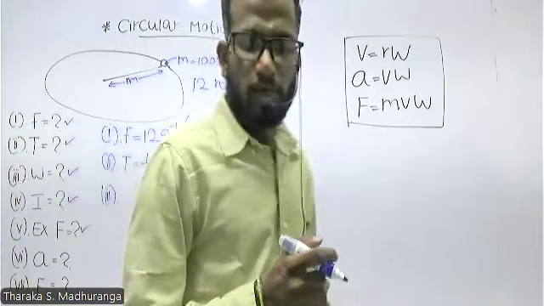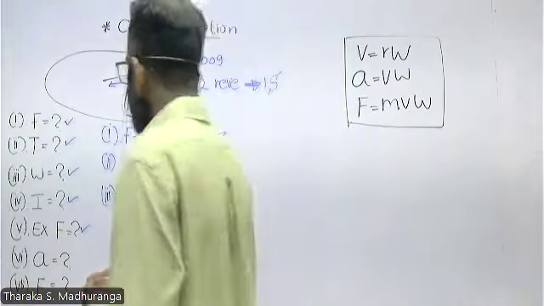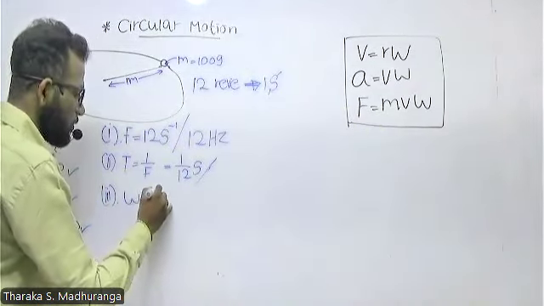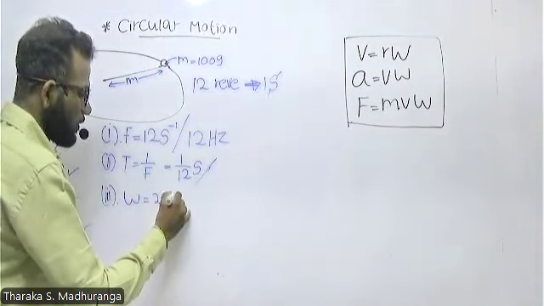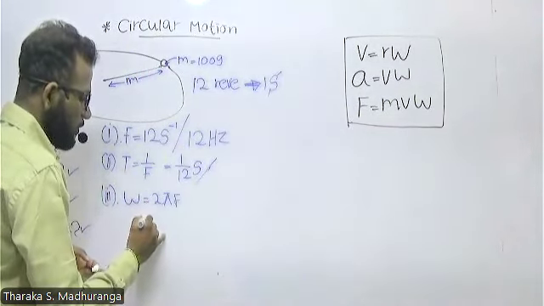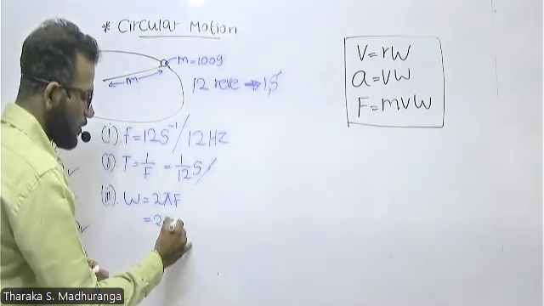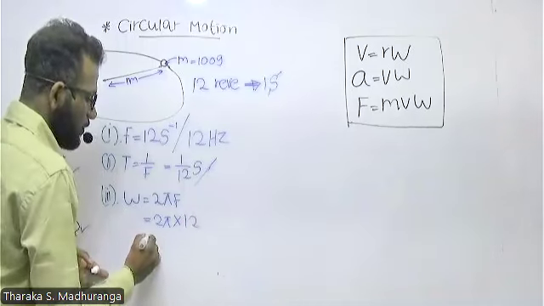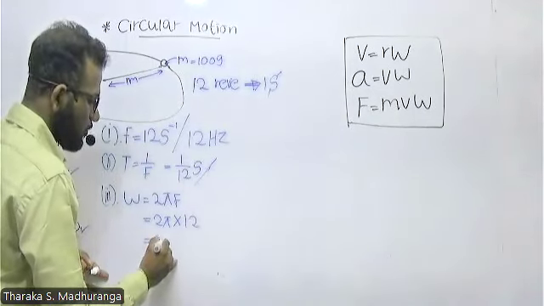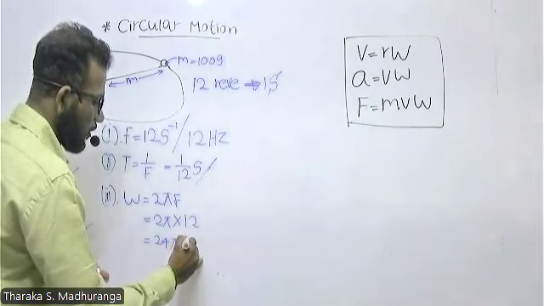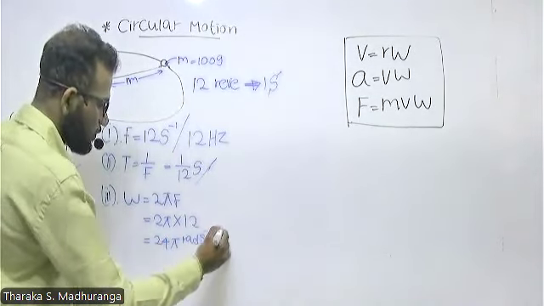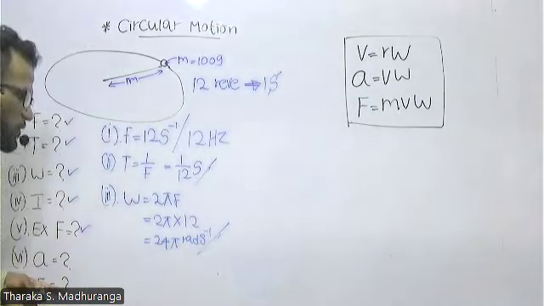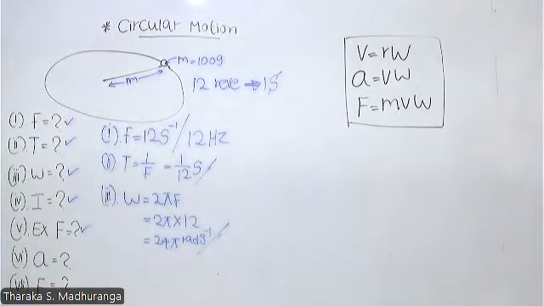Omega is 2 pi f, that is easy. 2 pi is a constant and f is 12, so 24 pi radians per second is the answer. Then the fourth one, 3 questions finished.